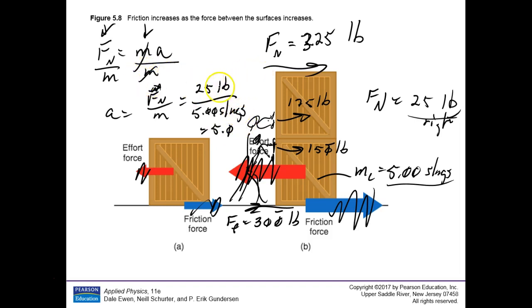And what's the unit? What is a pound, by the way? A pound is a slug foot per second squared. So you divide out the slugs, and this is feet per second squared. That is quite an acceleration. You're not going to be able to maintain it for long because it would get to be very, very fast.